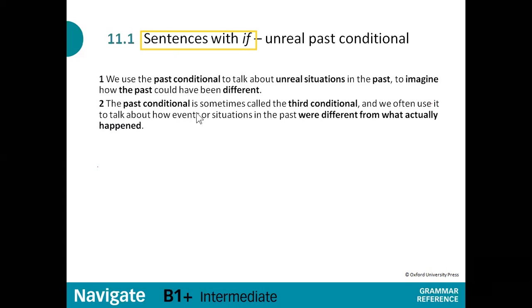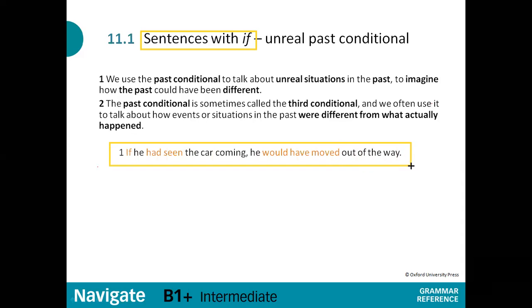The past conditional is sometimes called the third conditional, and we often use it to talk about how events or situations in the past were different from what actually happened. As I mentioned above, something happened. Now you are thinking about it, or remembering it, and you are imagining how it could have been different. Now let's go to examples.